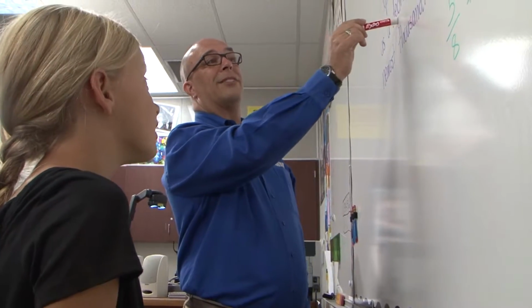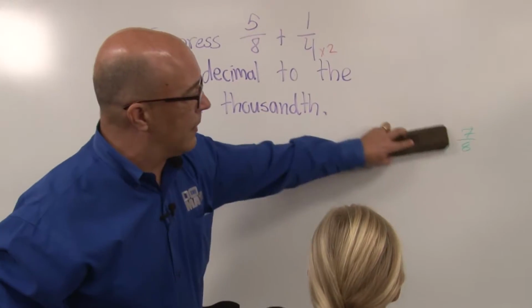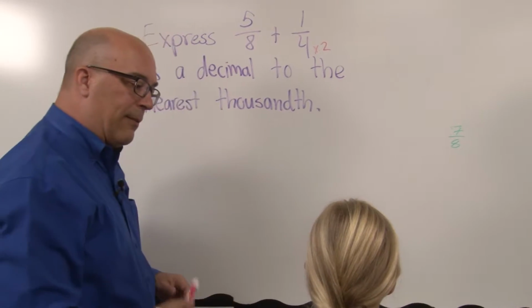We need to put that as a decimal to the nearest thousandth, okay? So let's get rid of this part. How do we turn a fraction into a decimal? Do you know that? I know how to do tens and hundreds. Exactly, okay? Which is why I wanted you to do this type of problem.